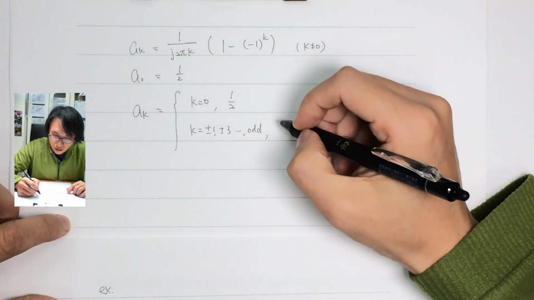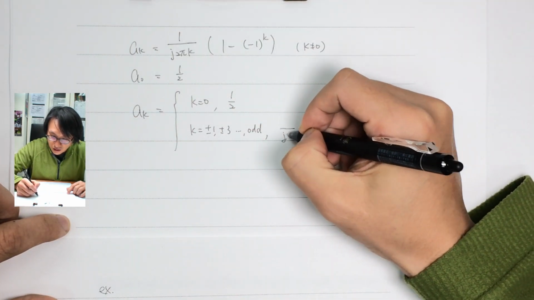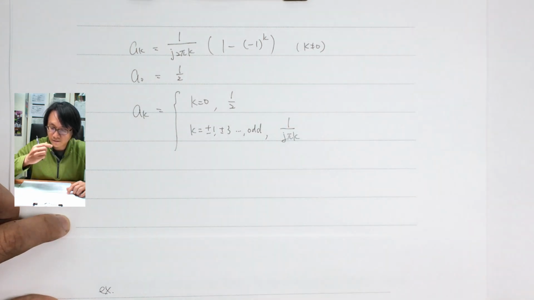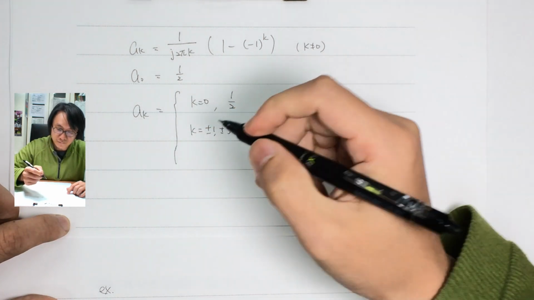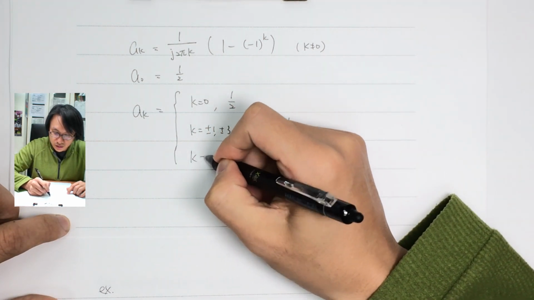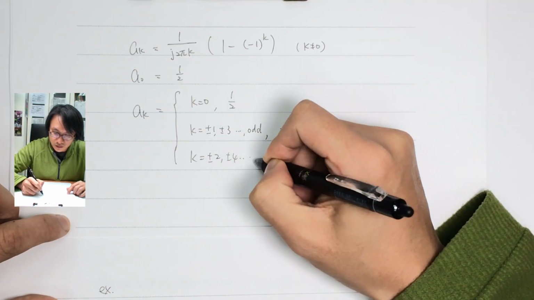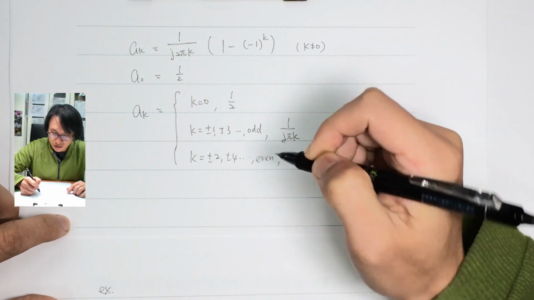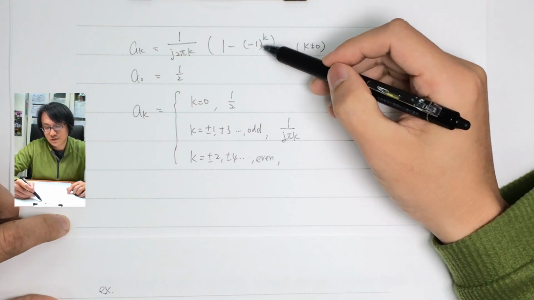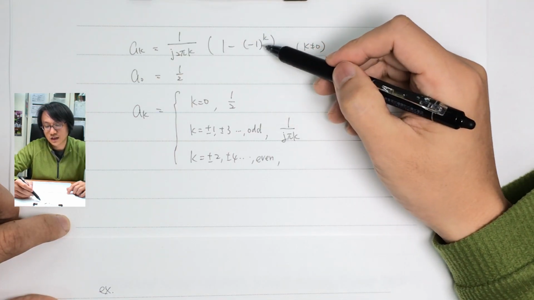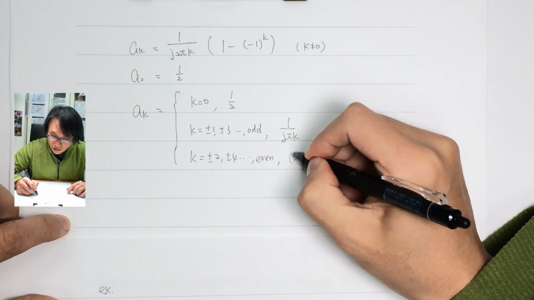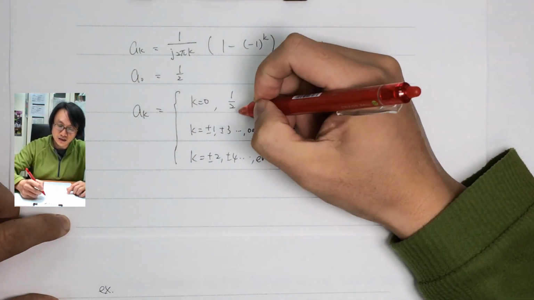So it's 1 over j pi k. If k is even, like plus or minus 2, plus or minus 4, then negative 1 to the even equals 1, so 1 minus 1 equals 0, so we get 3 results.